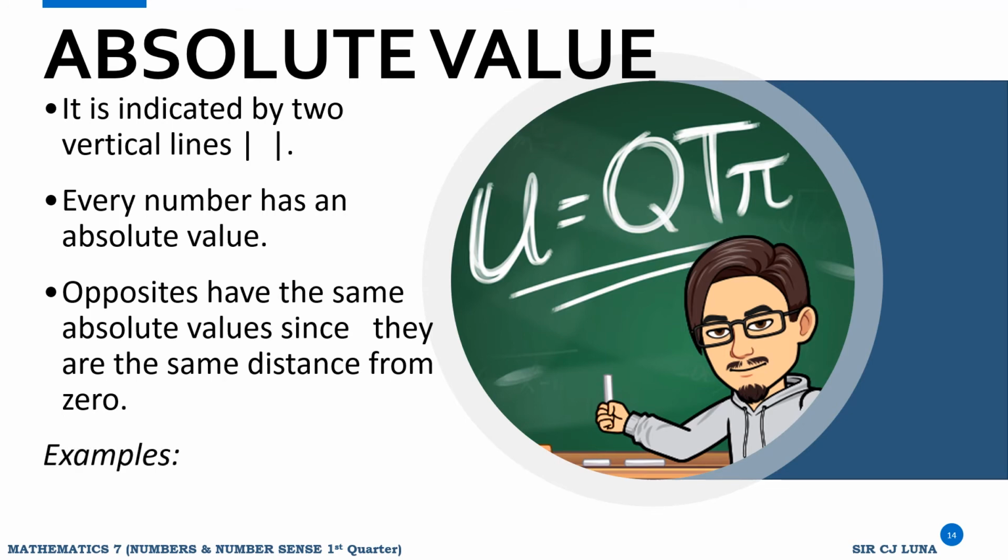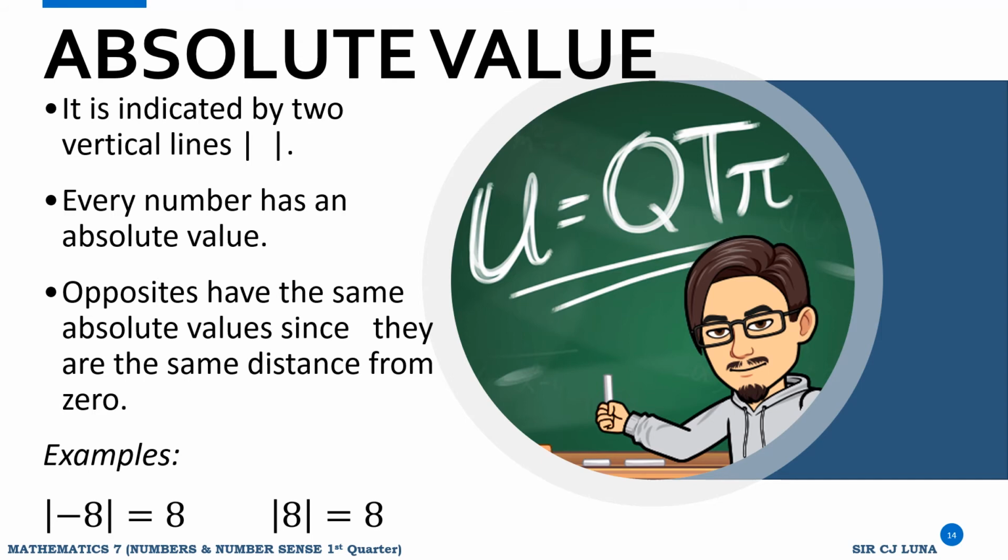Eto, let's have an example. Ayan. So kung napapansin nyo, meron tayong dalawang number na nasa mga absolute value symbol natin, yung dalawang vertical lines. Yung isa ay negative 8, yung isa naman ay positive 8. Pero anong napansin nyo sa kanilang absolute value? Okay, correct.